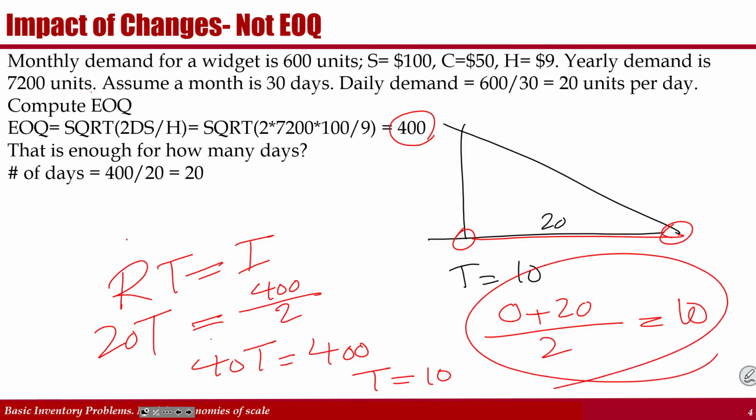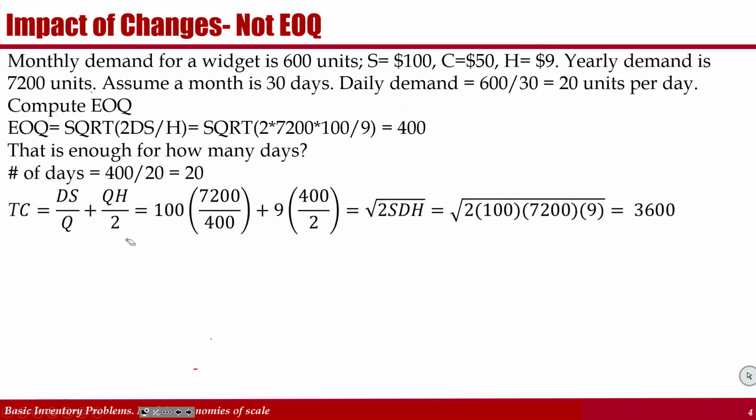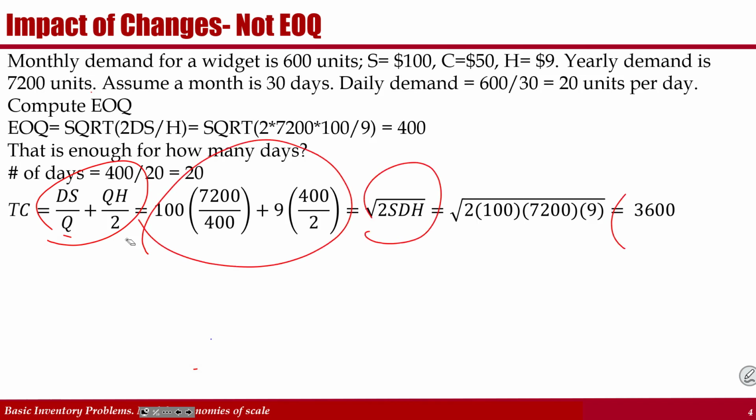But this was a much easier way to do that computation. And total cost, I can compute it in both ways that I showed you. One is this way and the other one is this way, and both of them lead to 3,600.